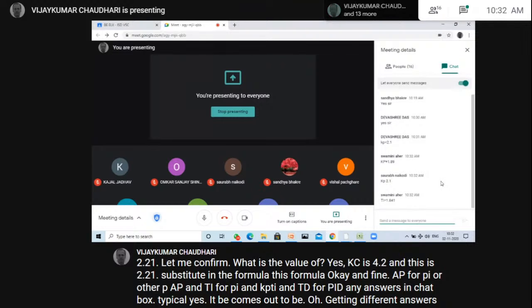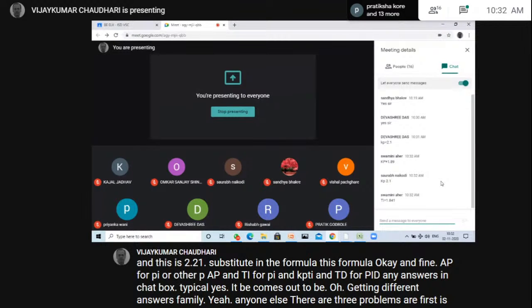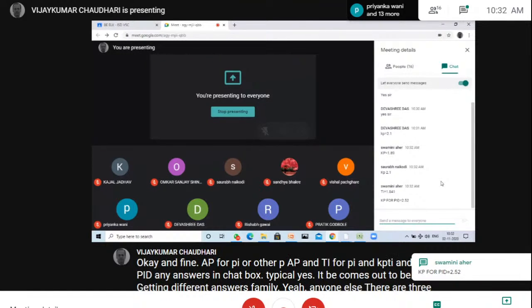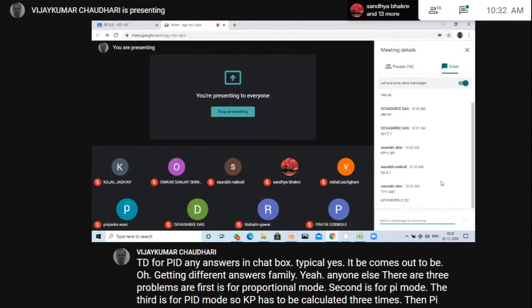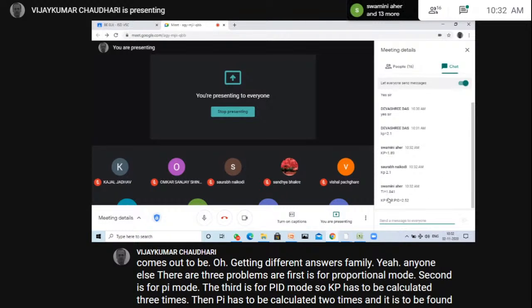Anyone else? There are three problems. First is for proportional mode, second is for PI mode, and third is for PID mode. So Kp has to be calculated 3 times, then Ti has to be calculated 2 times, and Td is to be calculated 1 time.